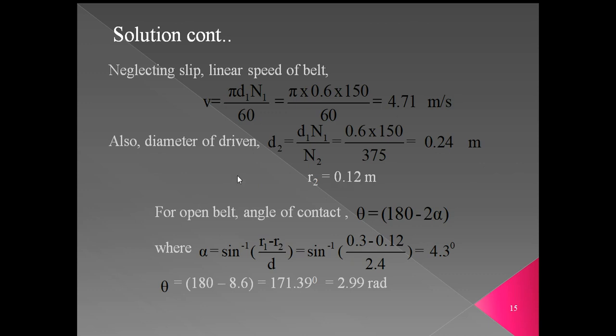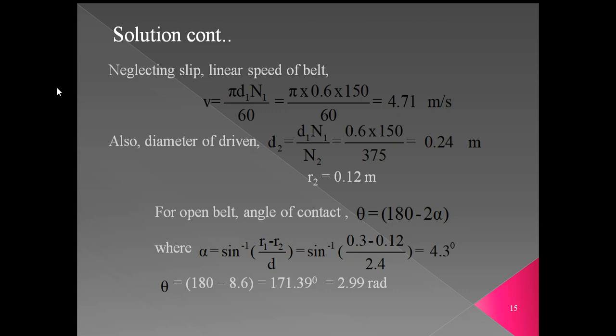So for an open belt drive, the angle of contact theta is equal to 180 minus 2 alpha. Alpha is equal to sine inverse of R1 minus R2 by D. By substituting the values of R1, R2 and D, sine inverse of 0.3 minus 0.12 by 2.4, we got alpha as 4.3 degrees.